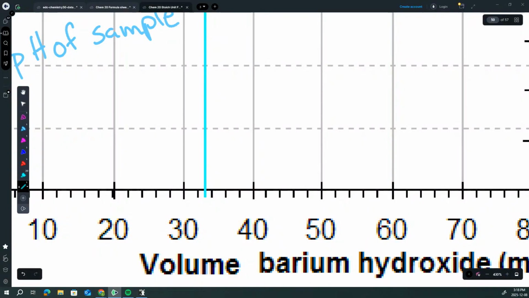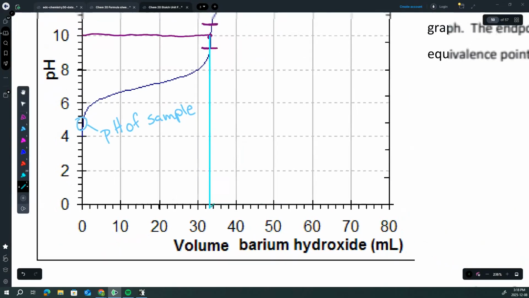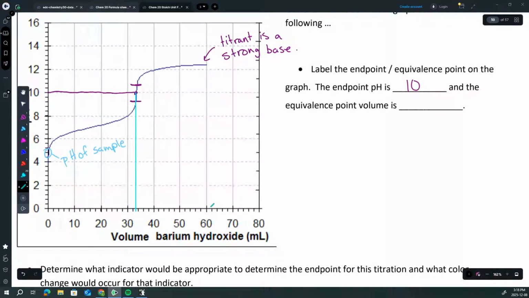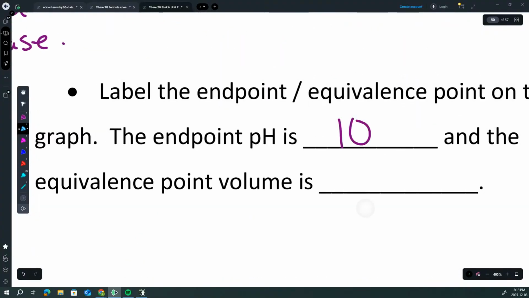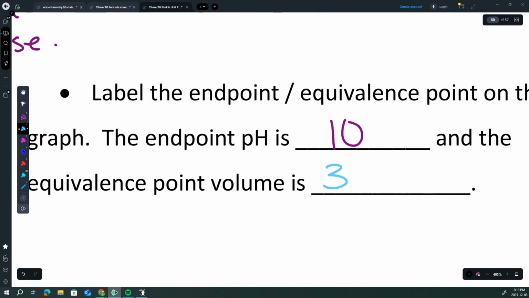So I'm going to say that our equivalence point volume is about 33 milliliters. Again, just a reminder, there is a little bit of wiggle room with these. So if you got 34 milliliters, that's okay too.